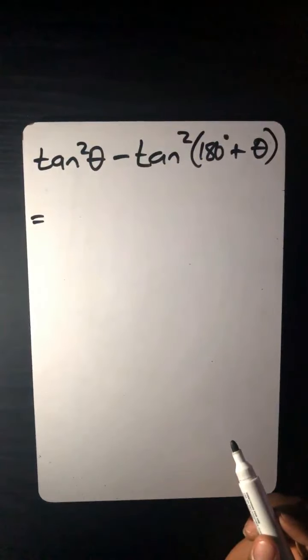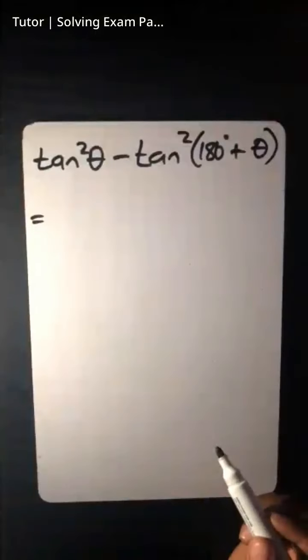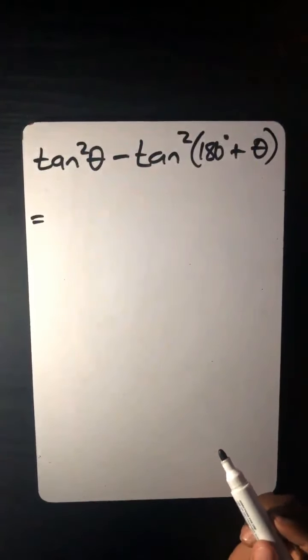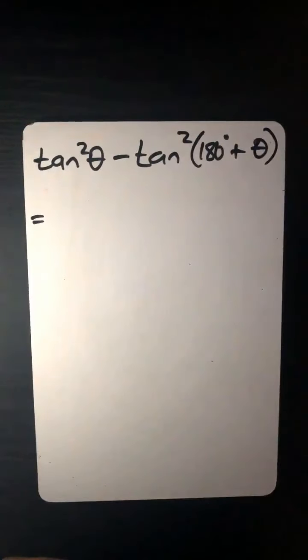As an expression. What do we do when we've got an expression? Simplify, sir. What does it mean in short when we simplify? You write it into its simplest form.